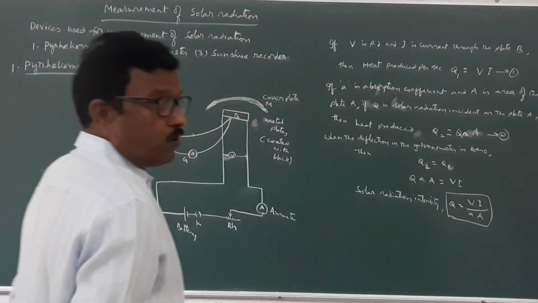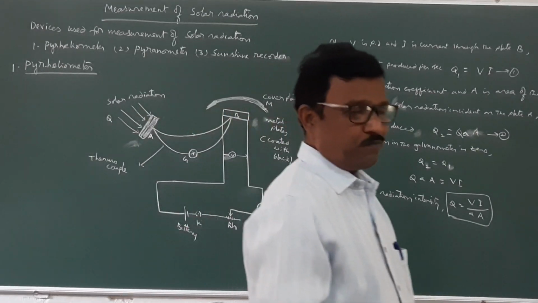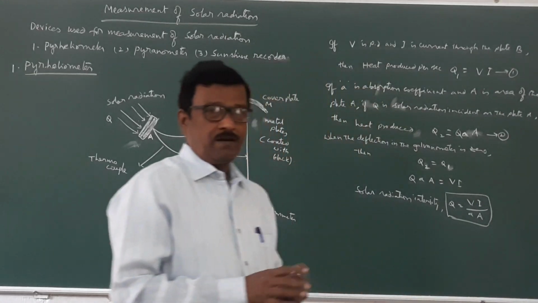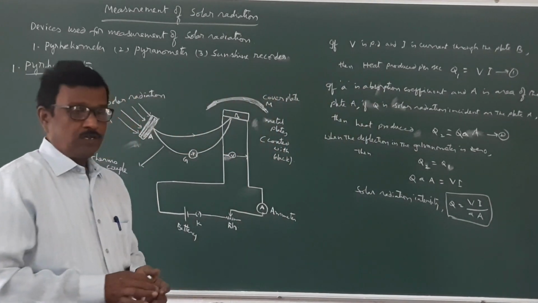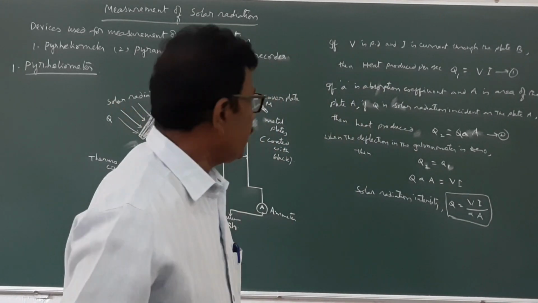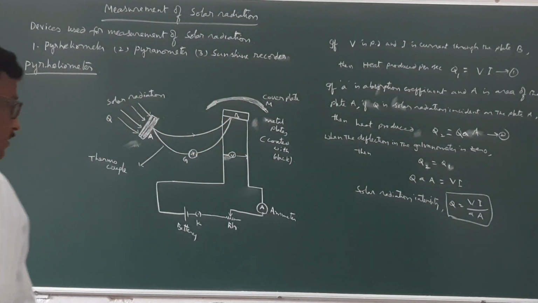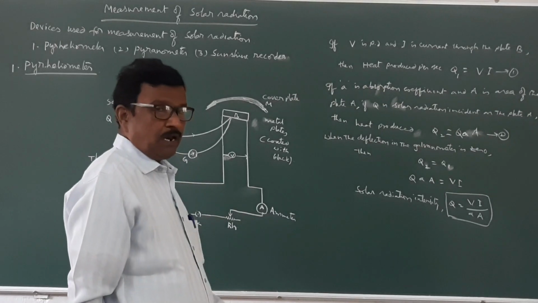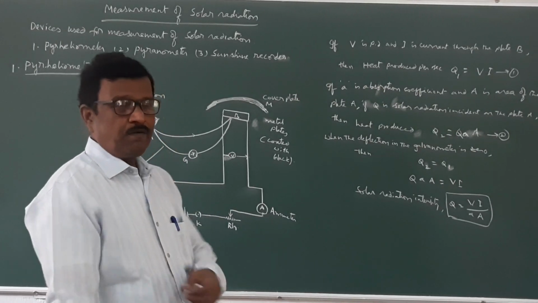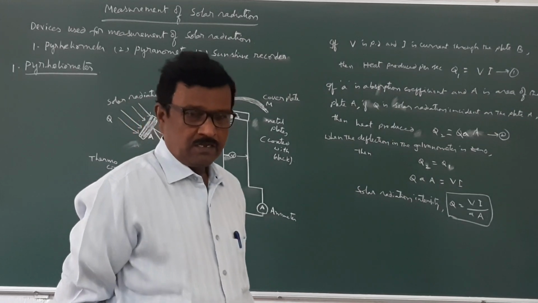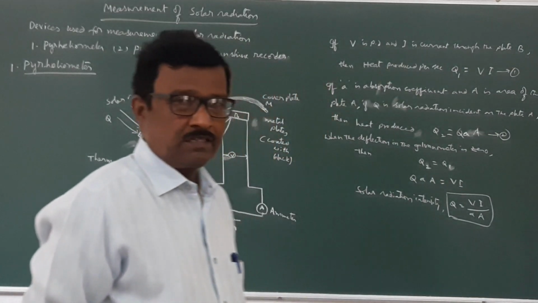In this manner, we can measure the intensity of solar radiation by using the pyrheliometer. This is one of the devices, and you will learn about this device again in our physics chapter in the third semester.